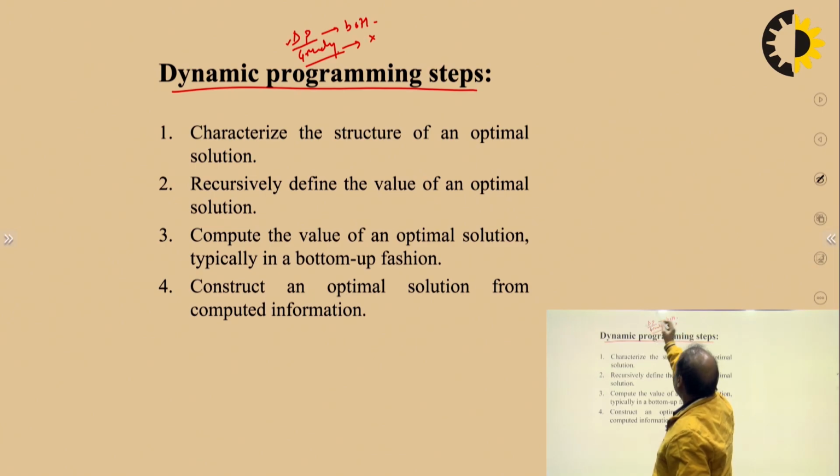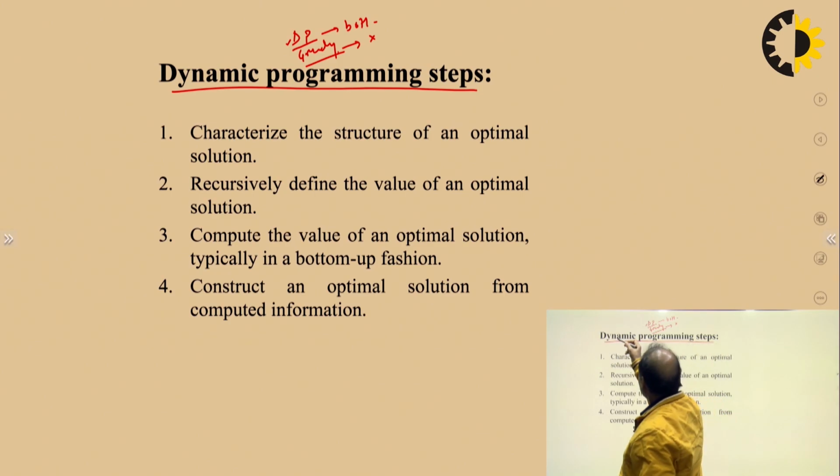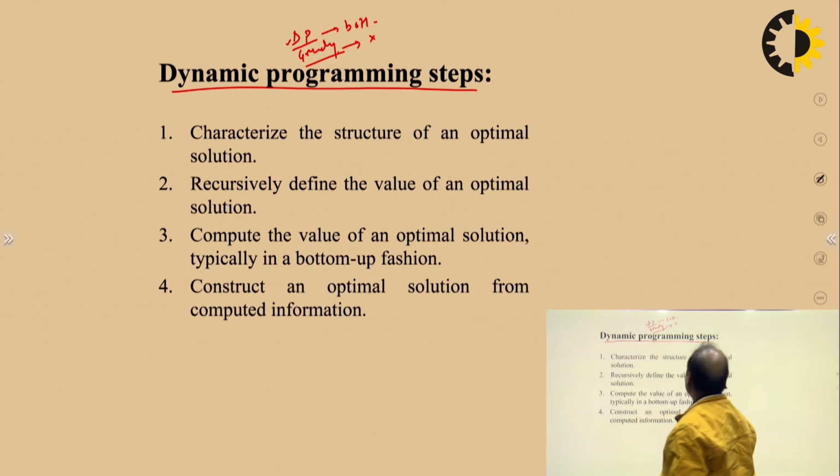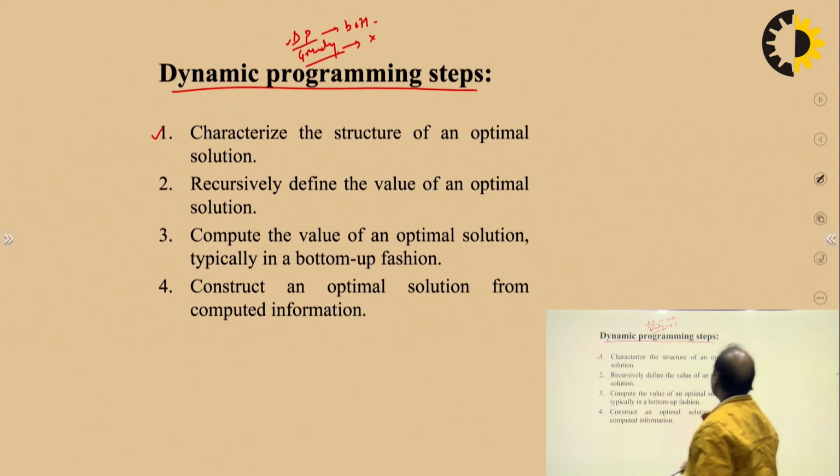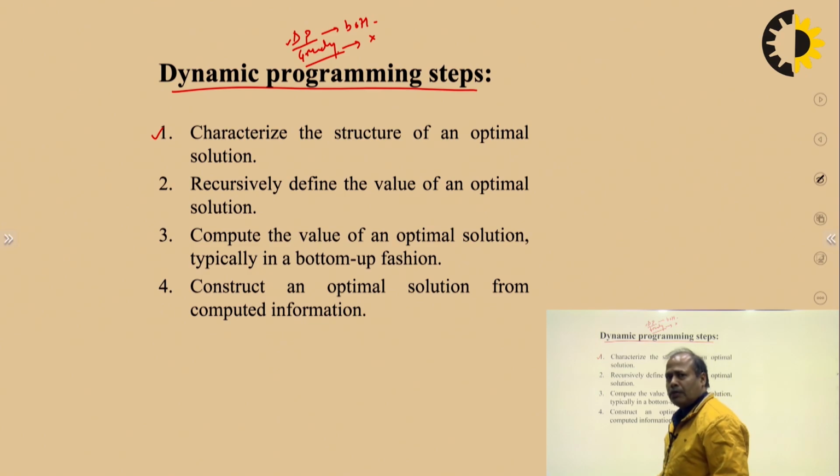Only dynamic programming, branch and bound, and approximation solutions exist. So let's see what the steps in dynamic programming are. We know there are 4 major steps in dynamic programming. Number one is to characterize the structure of an optimal solution.